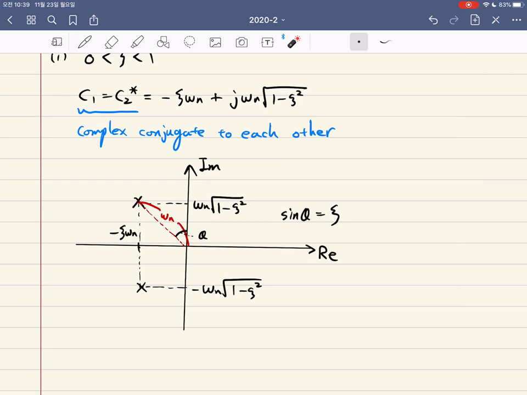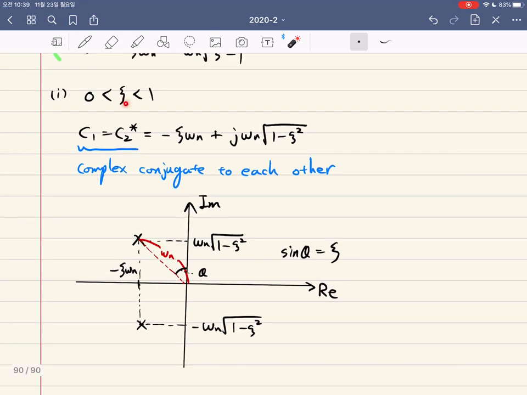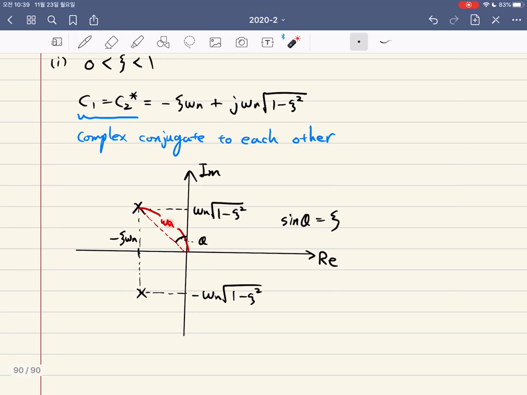And what happens to these two poles if I fix omega n but control this zeta between 0 and 1? What happens? Since omega n is fixed, the trajectory will be on the circle, right? They will be on the circle because omega n is fixed.